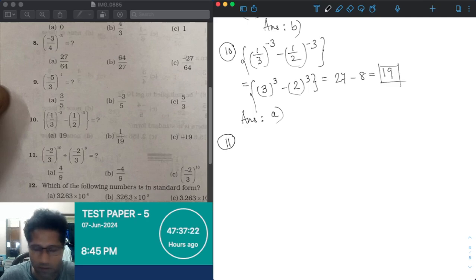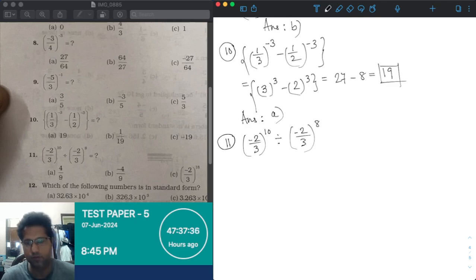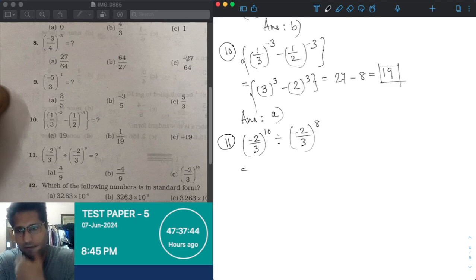Question 11. It is minus 2 by 3 to the power 10 divided by minus 2 by 3 whole to the power 8. We have to simplify this. Okay, so first we see that it is a division of two exponentials where both the bases are the same, that is minus 2 by 3.